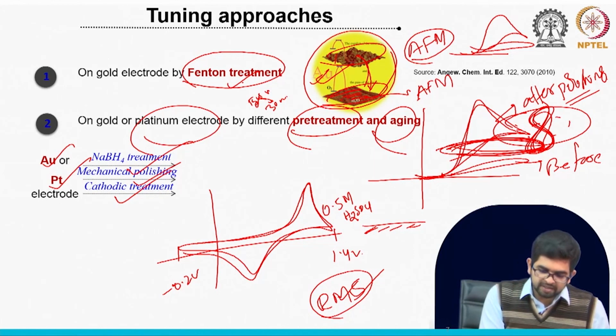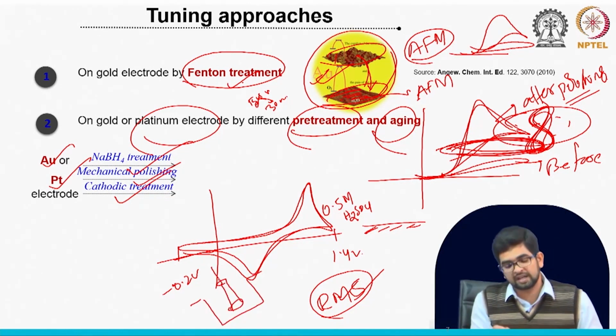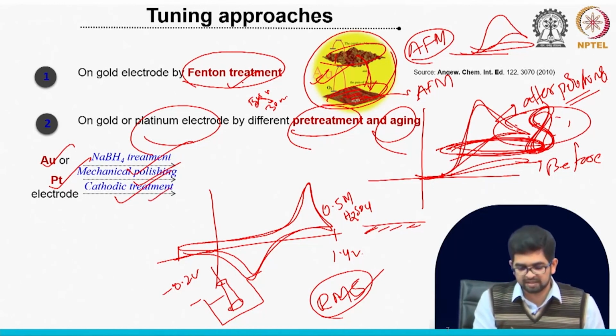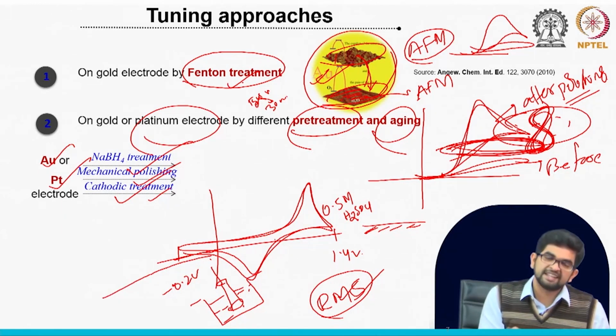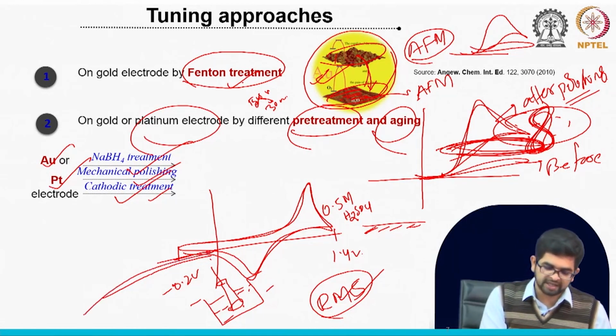But if you apply negative potential, you can check a gold disc electrode, then you can go for the cathodic treatment just inside the sulfuric acid medium. You can go to the negative side, or you can apply some negative potential, like negative scanning, from minus 0.2, suppose here you can apply around minus 1.2 volt.